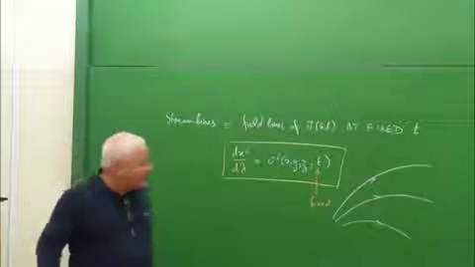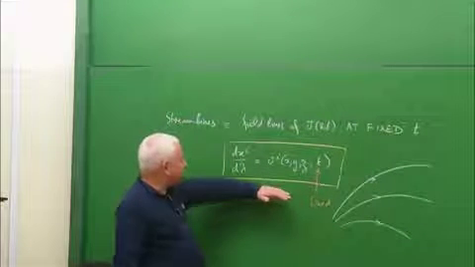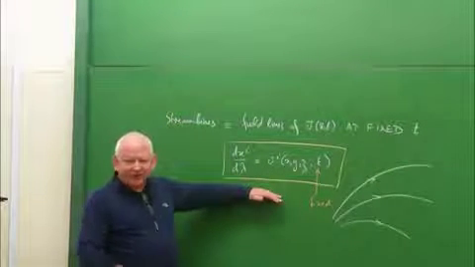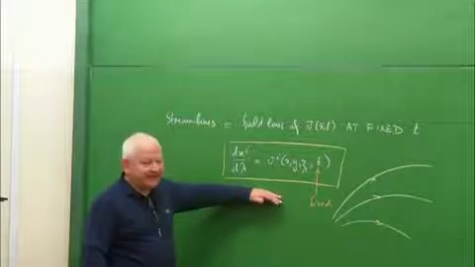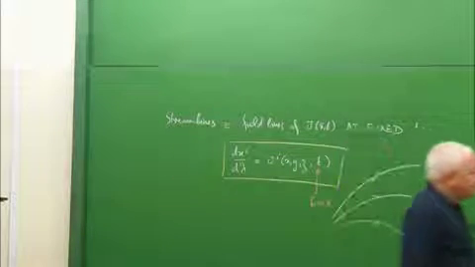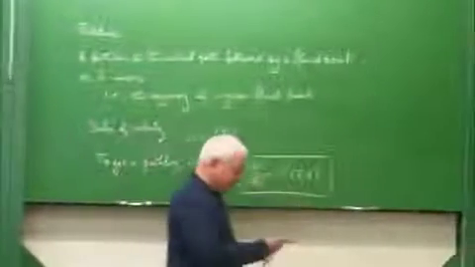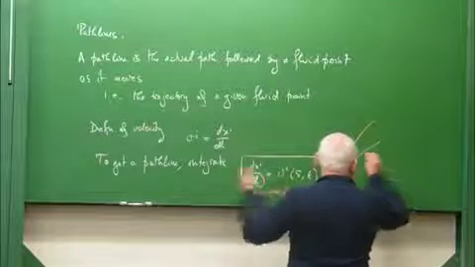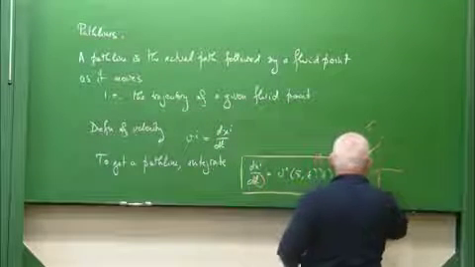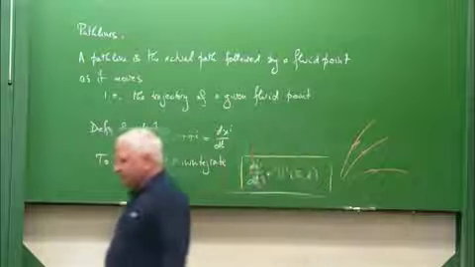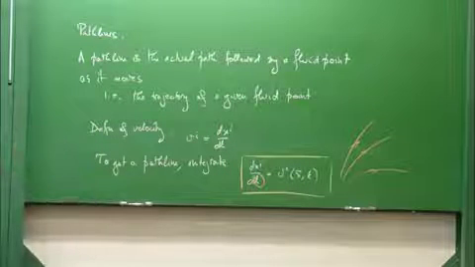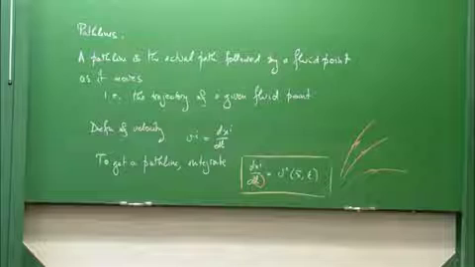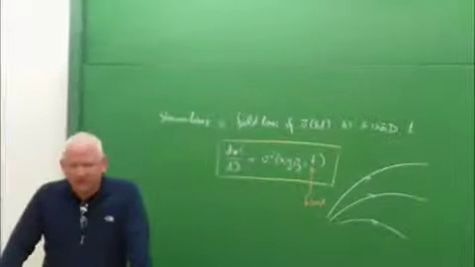Right, so this set of curves, the ones that describe the streamlines, tell us what the pattern of the velocity field looks like at any given instant. The pathlines, on the other hand, you will get a set of curves here as well, in general different from the curves that you get on that side. And these curves, which wend their way through space, tell you the actual path that is followed by the fluid points as the fluid moves.